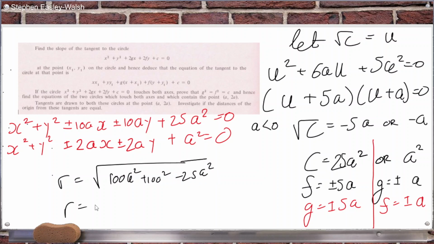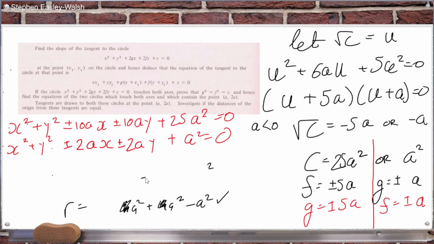And then for the other one, it'd be the square root of 4a squared plus, oh, actually I have that wrong because it's, ignore the 2, so it'd be just a squared plus a squared minus a squared. So that's okay. And the other one would have been 25. Yeah, so that would have been okay as well. So yeah, actually I have 4 solutions, not 2.